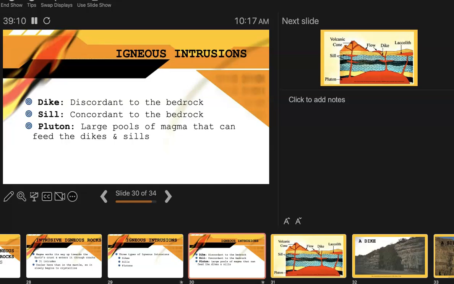Sills, concordant, they're with the bedrock, that's with the layering. Dikes, discordant, that's cutting through the layering. Okay. So same thing now, just using the right proper words.